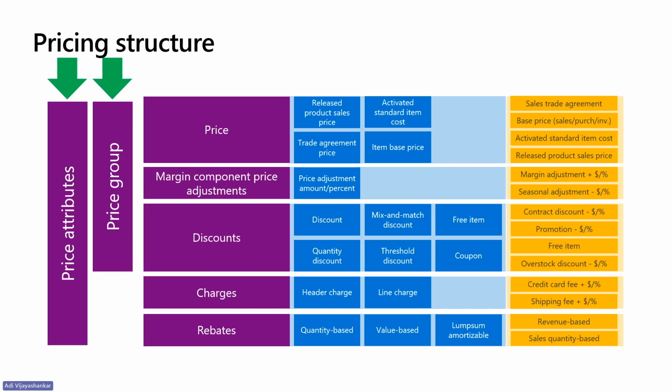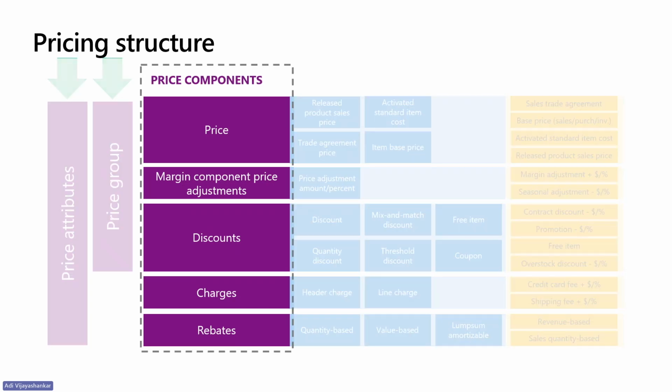Price group enables businesses to bundle and rank these attributes together and apply customized pricing strategy more effectively across price, margin, and discount price components. In Dynamics 365 pricing management and throughout this presentation and demo, price component refers to price, margin, discounts, charges, and rebates. These are the building blocks available for your pricing strategy.